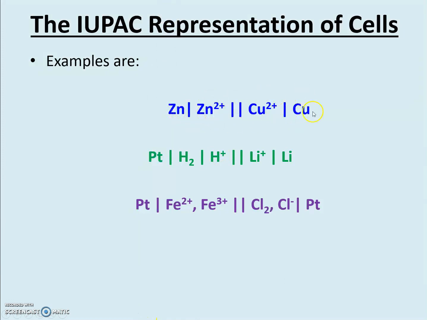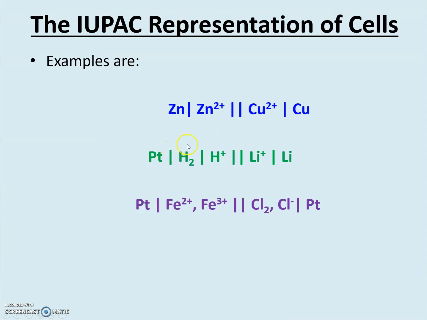Here's the fairly standard cell notation of a metal with metal ions for each half cell. The double line in the middle is the salt bridge, and a single line represents a phase boundary. So that will be a solid, that will be aqueous, solid.